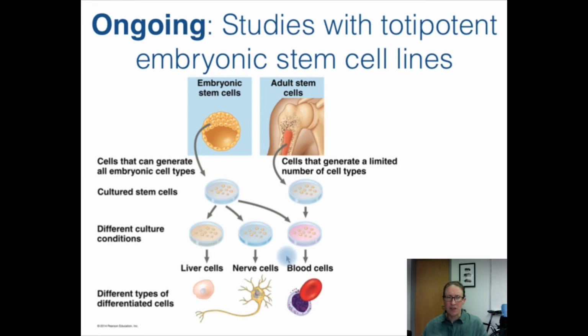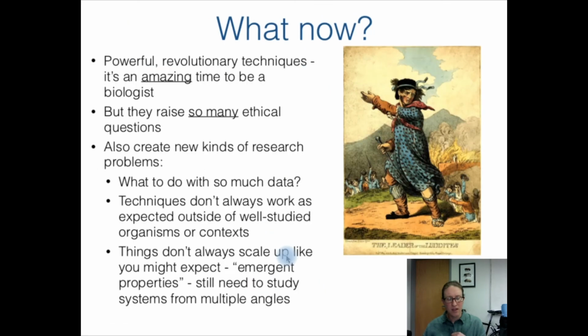And there are still ongoing studies with a lot of totipotent embryonic stem cell lines, again, to try to have a better understanding of how different groups of interacting genes lead to differentiation into different major cell types.